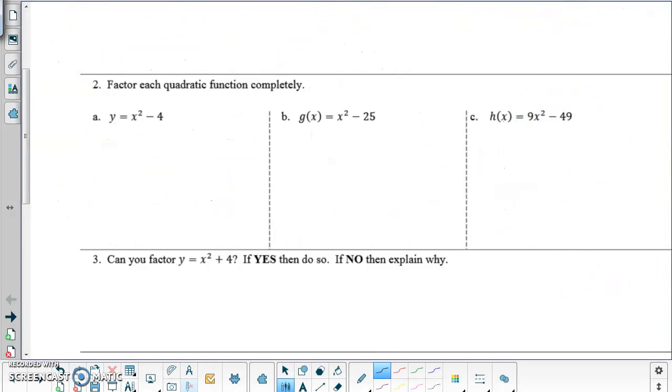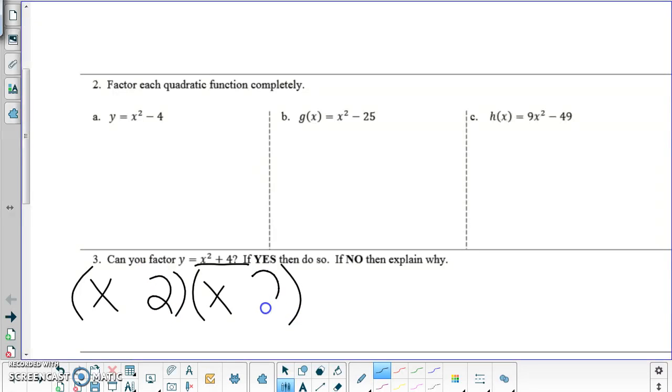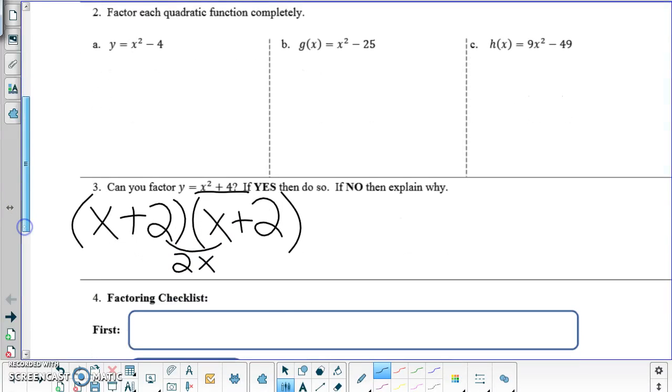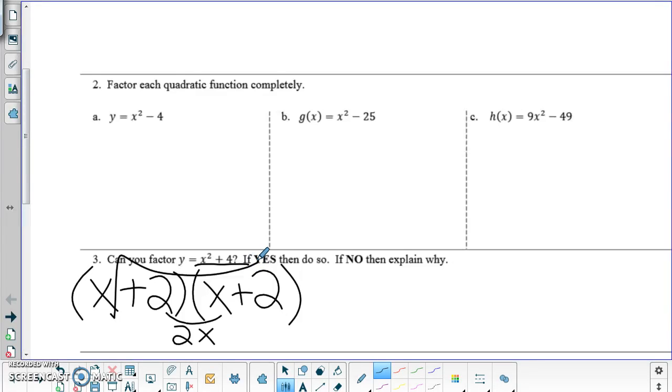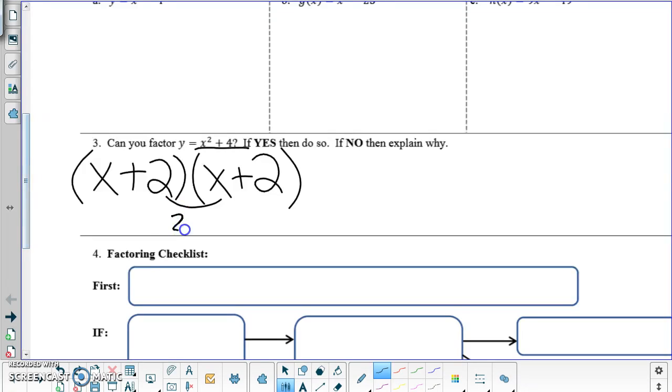All right, last thing. Can we factor x squared plus 4? Is that a difference of two squares? Well, I know the square root of 4 is 2 and 2, but if I wanted to multiply to positive 4, my signs have to be plus plus. My inners give me 2x, my outers give me 2x.